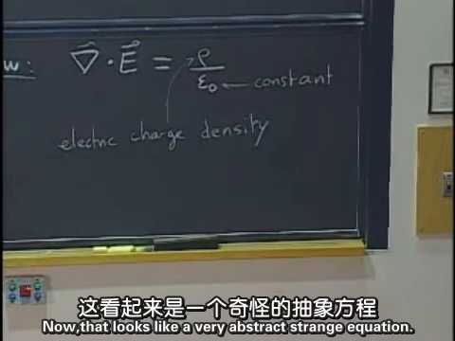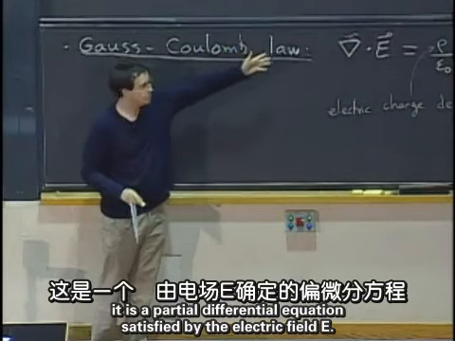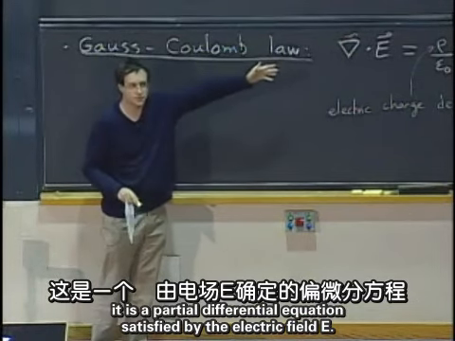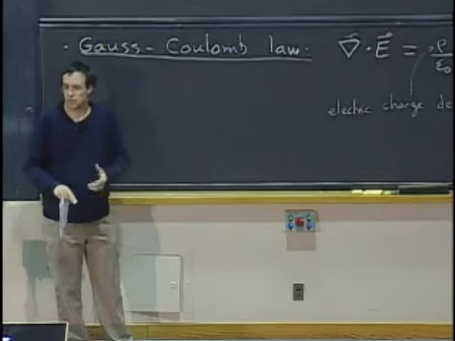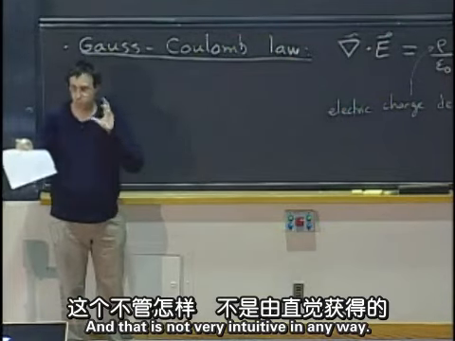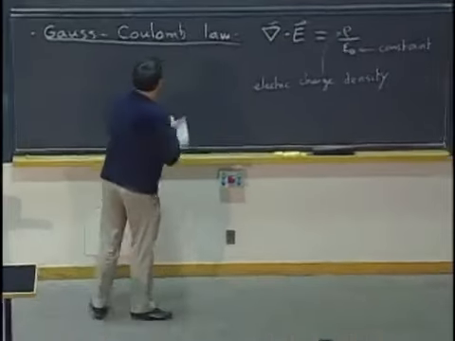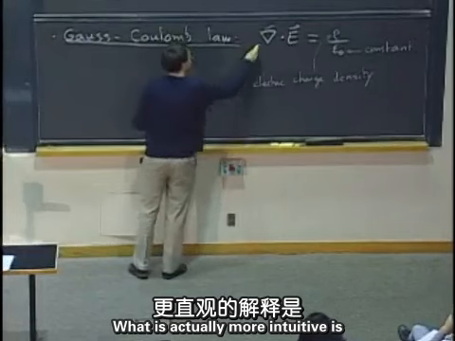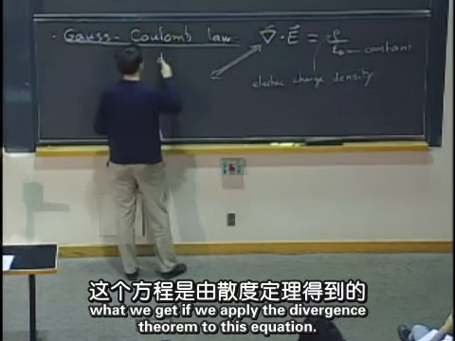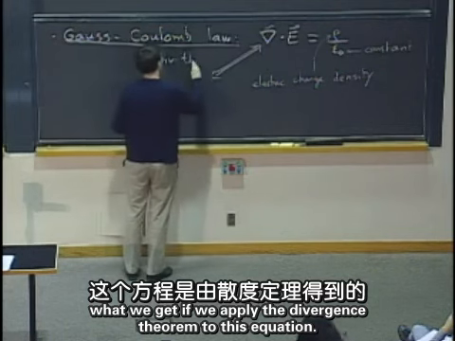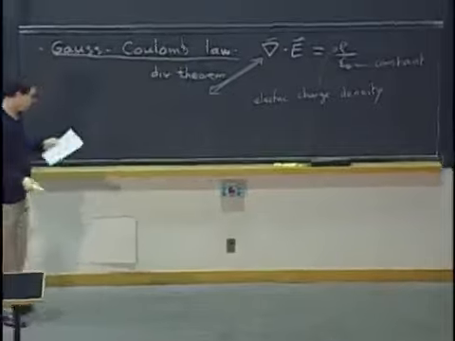So now, that looks like a very abstract, strange equation. I mean, actually, it's a partial differential equation satisfied by the electric field E. And that's not very intuitive in any way. Okay, so what's actually more intuitive is what we get if we apply the divergence theorem to this equation.